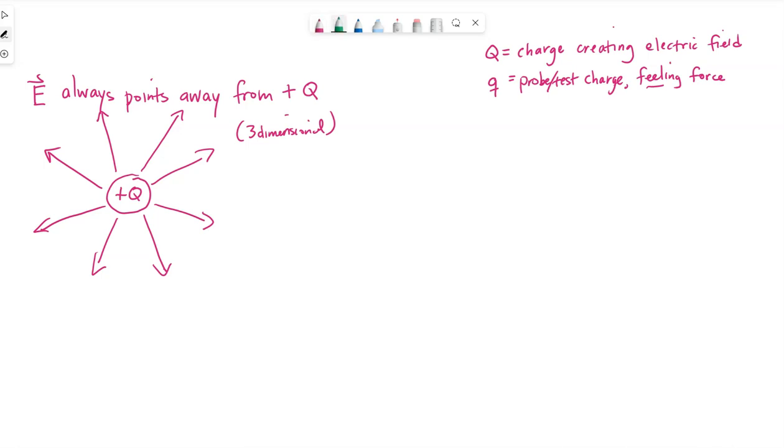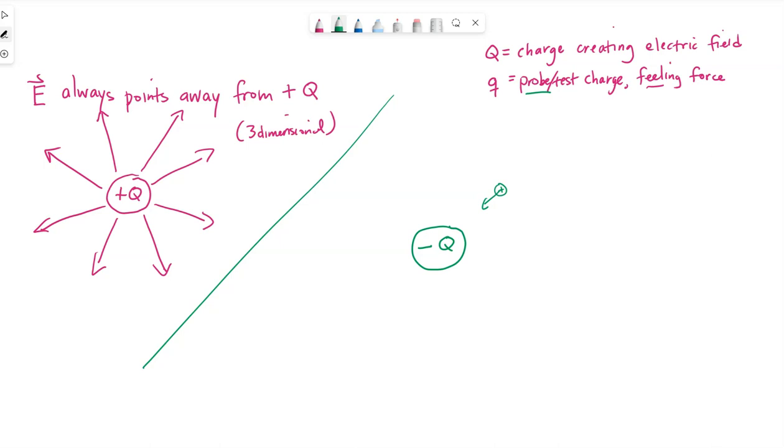Well, the charge creating the electric field does not have to be positive. It could be negative. We could have a negative capital Q, so a negative point charge creating this electric field as well. But if I were to place a probe charge here, I know it would be attracted.